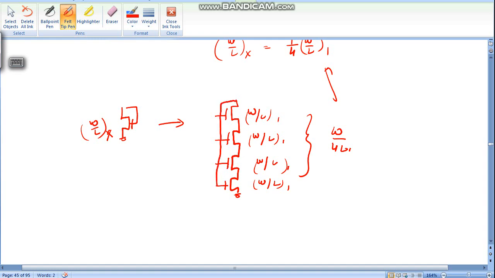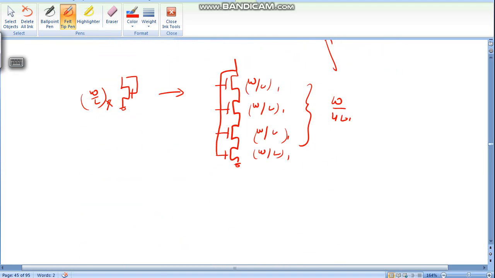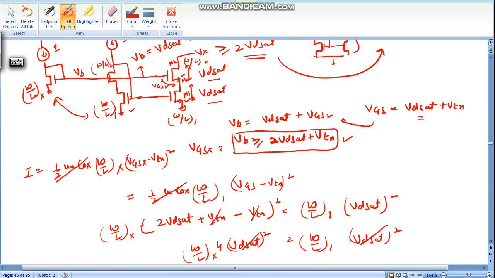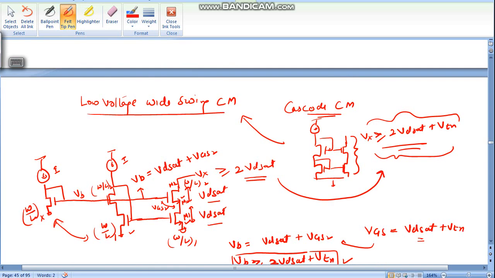So we will make it like this. So with this we can achieve 2Vdsat headroom. So we have solved the issue of the cascode current mirror.